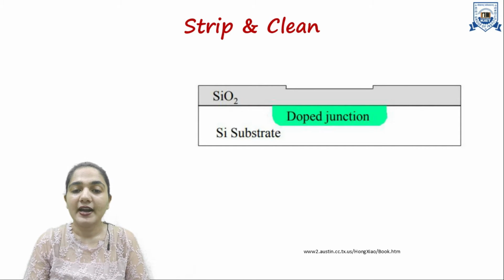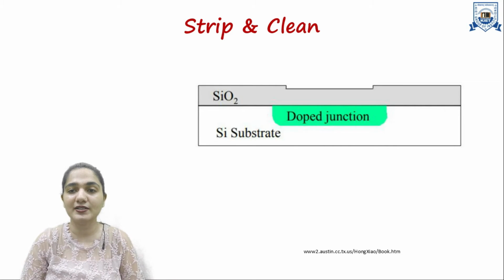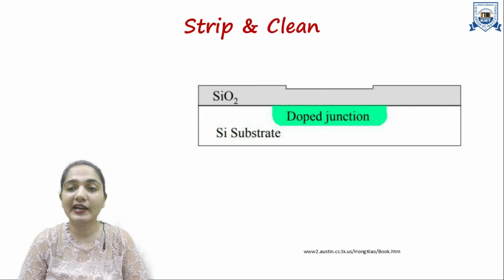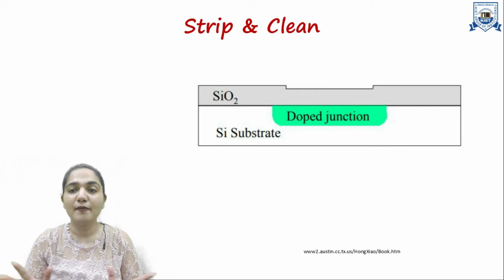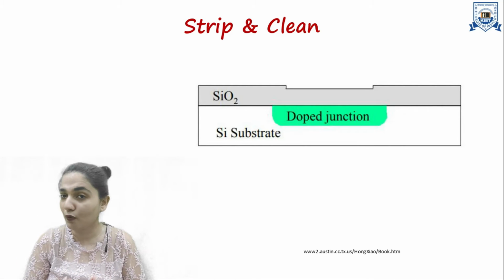Then after that we have a stripping and cleaning process. We will be cleaning off all of the remaining things that are left. I told you diffusion was a dirty process, so we have to perform the cleaning. If we don't perform the cleaning, then we can have some unwanted material diffusing inside, and we don't want that.